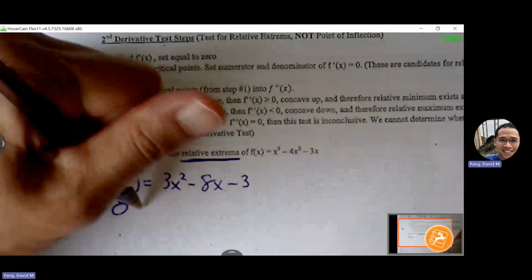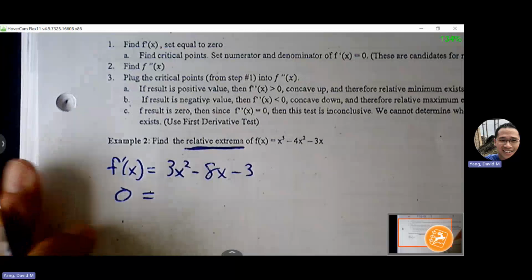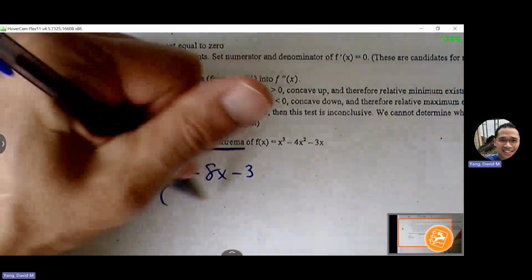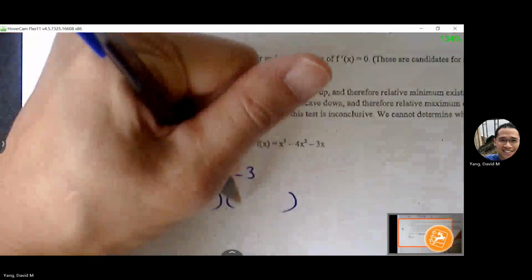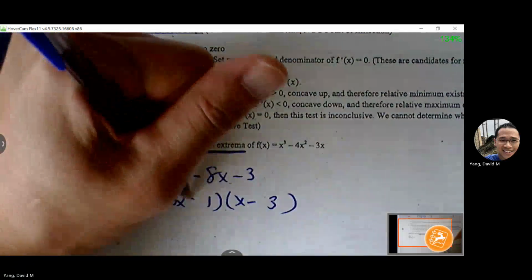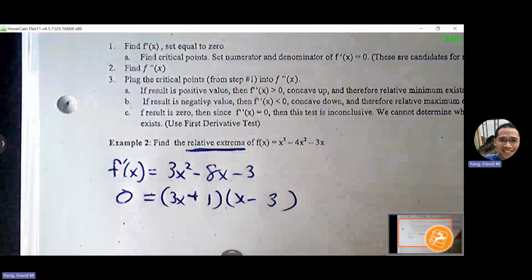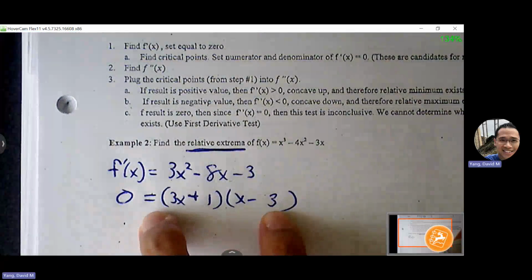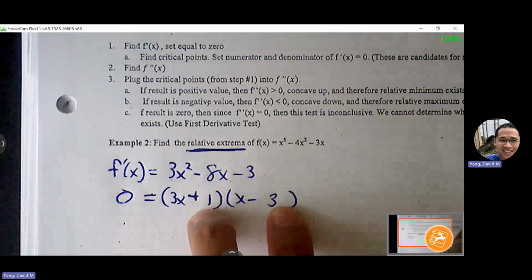We set the derivative equal to 0 because this is where we want to find our candidates for relative max, relative min. This is factorable here. Double check this here. 3x squared minus 9x plus 1x, that's minus 8x minus 3.